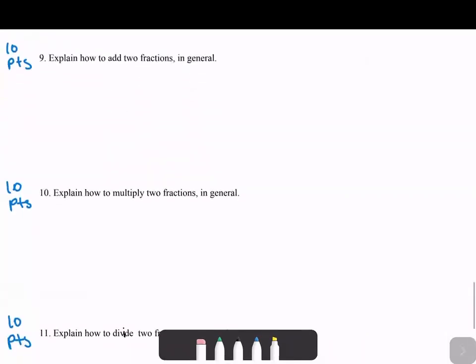So let's go ahead and write these steps. So how do you add 2 fractions? So the first thing we do is get a common denominator. The second thing is to add the numerators.